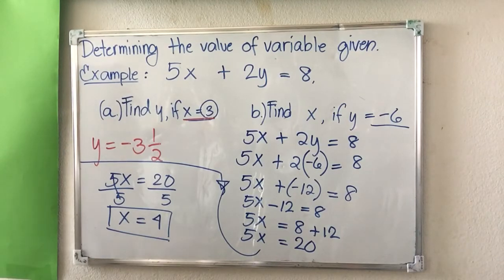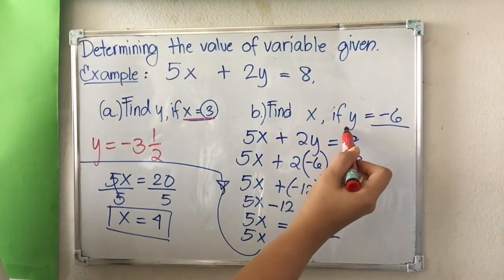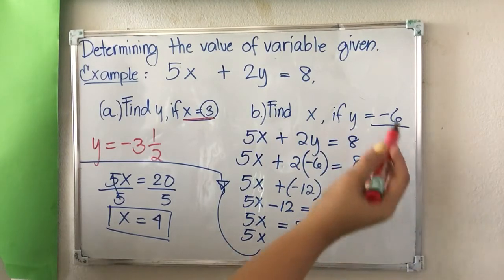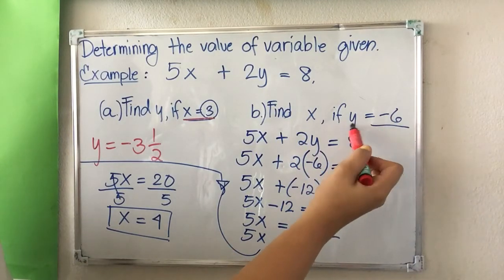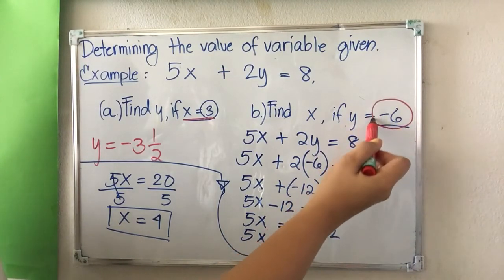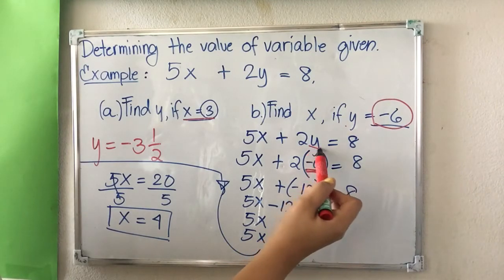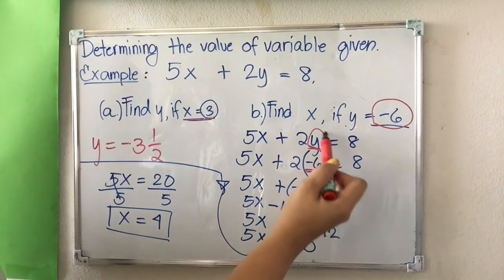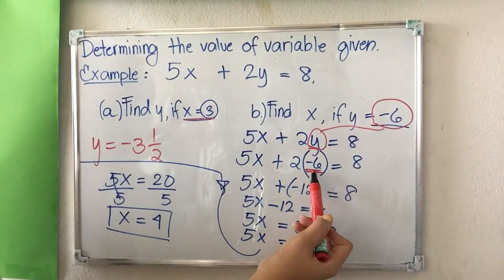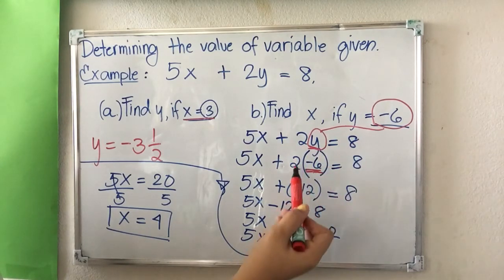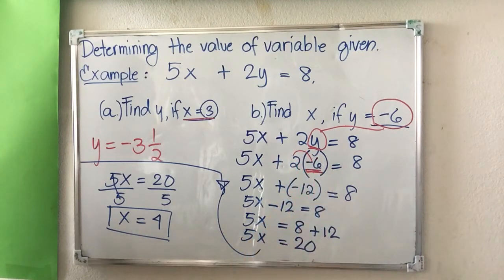So that's it. Okay, so again, what we did is we changed the value of our y by negative 6. Now multiply 2 and negative 6, we have negative 12.